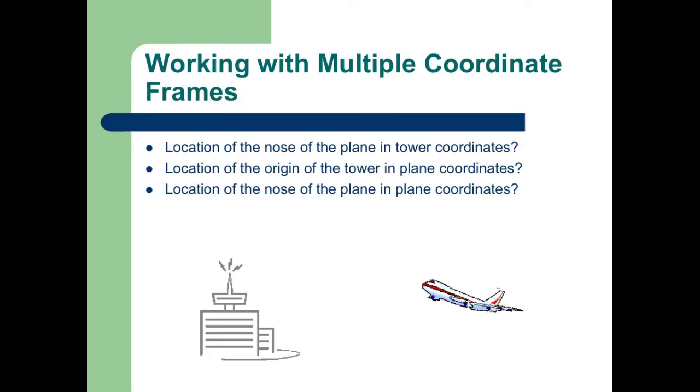Now, as I said before, most of the time we're going to be working with coordinate frames that have one axis in the vertical, one axis in the horizontal, and one axis in the in-out plane. But what happens here is suddenly our airplane has done a little bit of a rotation, so things are a little bit messier now.